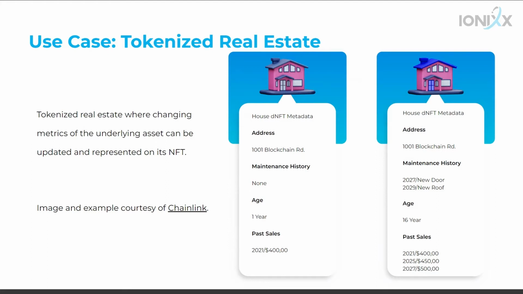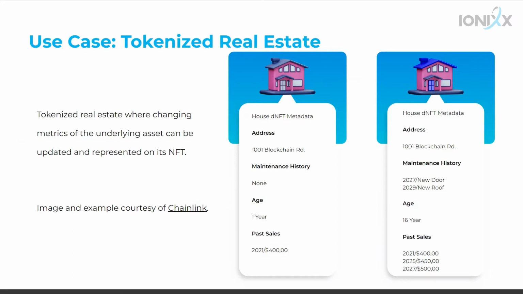So the house has a new door and a new roof. You can also see that in the image if you look closely. And it's 16 years old, and it's been sold a couple of times since then. So after the 2021 sale with the first owner, it's then been sold to someone 4 years later in 2025 for $50,000. We're missing zeros on that second and first image, so just add a zero in your mind.